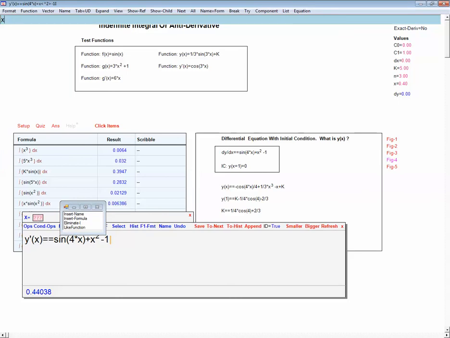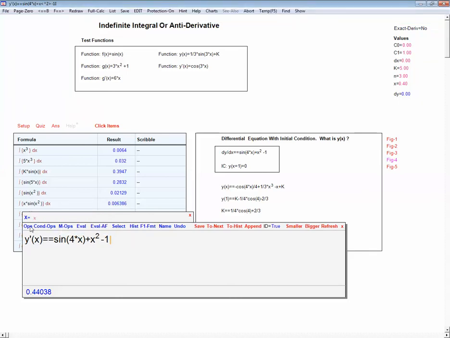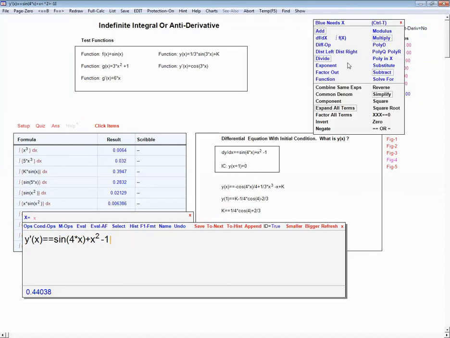So you do that in your head. I'm too lazy. I'm just going to let the program do that. And if I ask the program to do that, it says that this is the antiderivative plus some constant, and we're calling our constant in this case k. So I get this formula here.